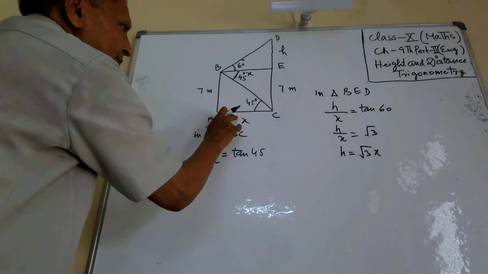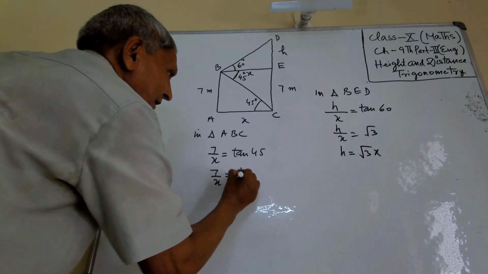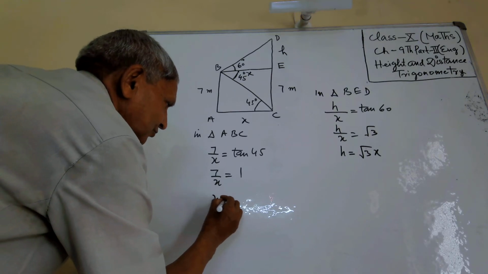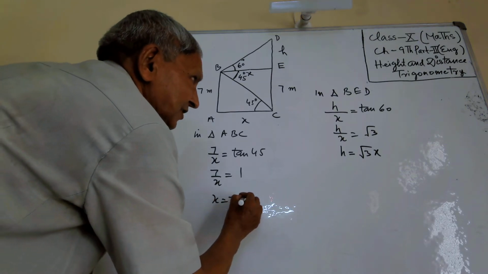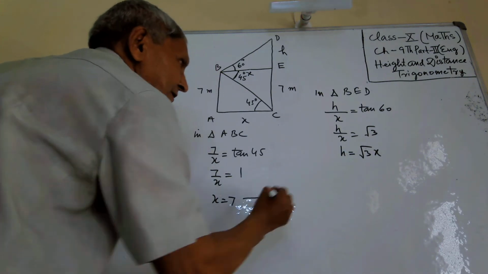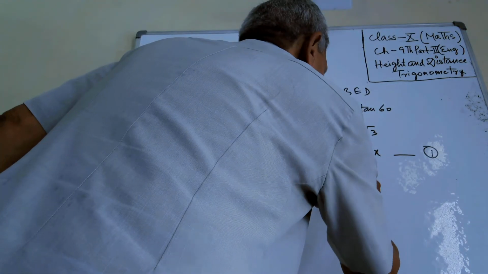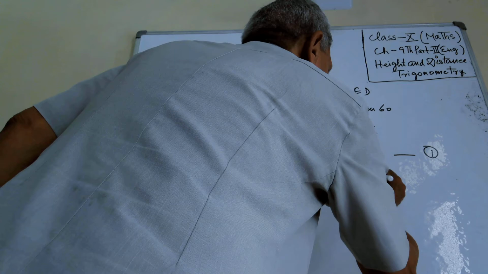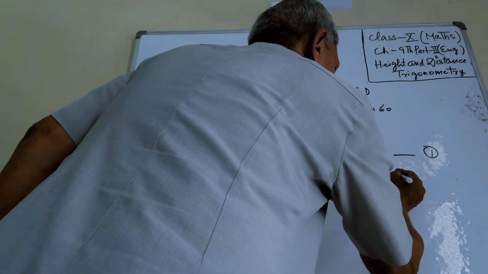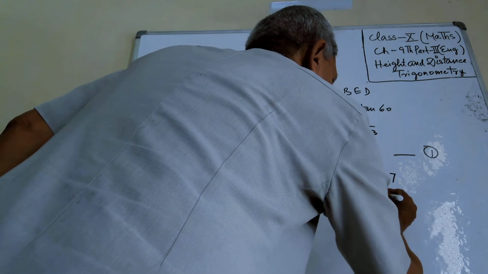Because 7 by x is equal to 1, the value of tan 45 is 1, and this is the second value, and this is the first. And h is equal to root 3 x. What is x? 7. And h is equal to 7 root 3.